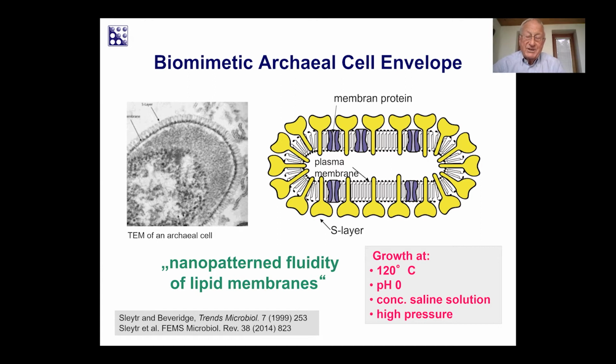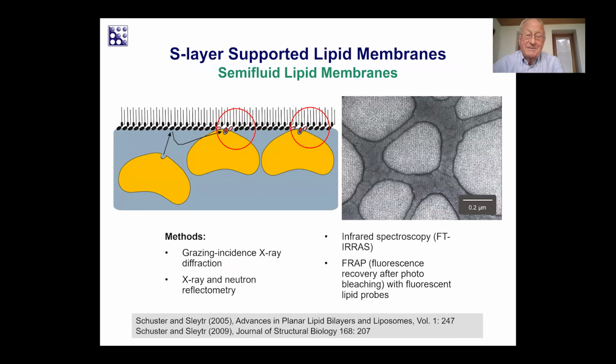And we thought, if nature has invented such a solution, why not apply that for nanobiotechnological applications? We called it S-layer supported lipid membranes, so the same fluid lipid membrane. We studied that by crystallizing S-layers on spread lipid films. Such a system is stable enough to span porous structures, like you can see here.